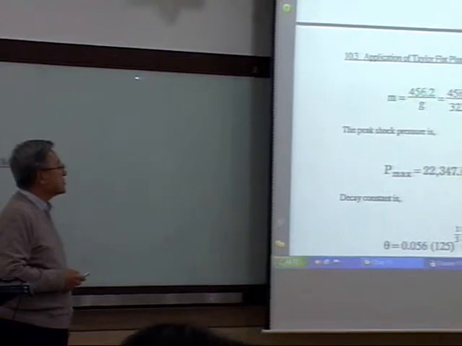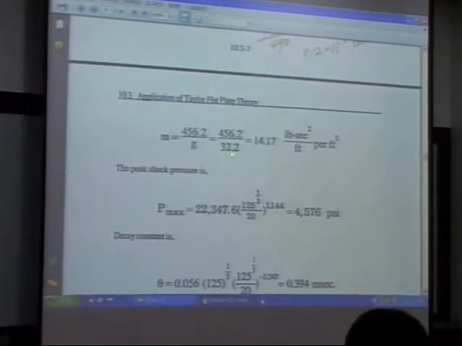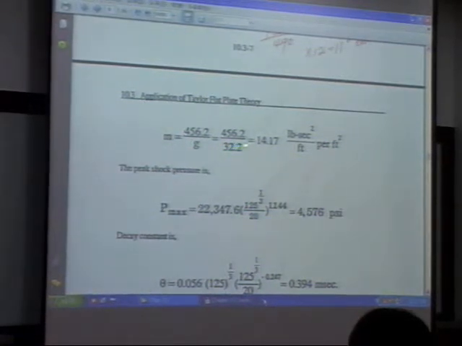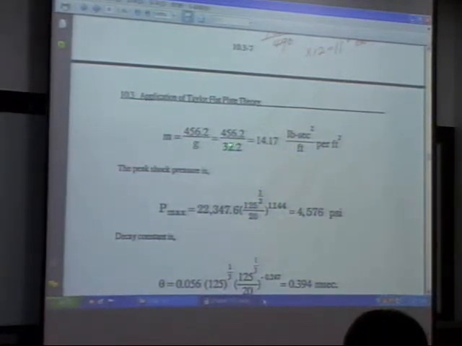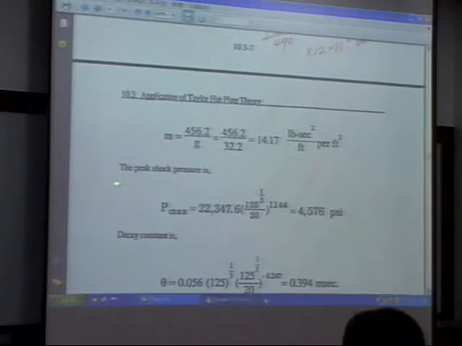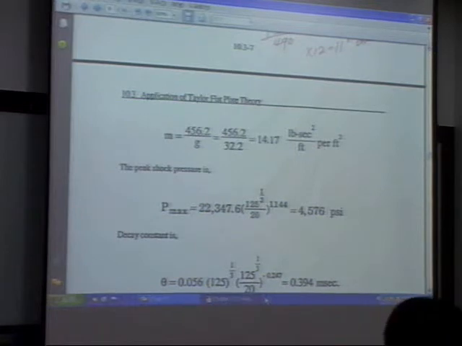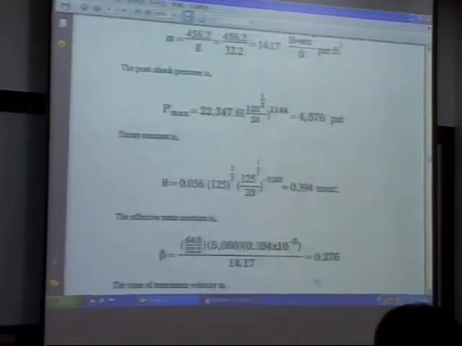And M, this is W divided by g, using 32.2, which is feet per second squared. Then I compute M, which is mass per unit area.